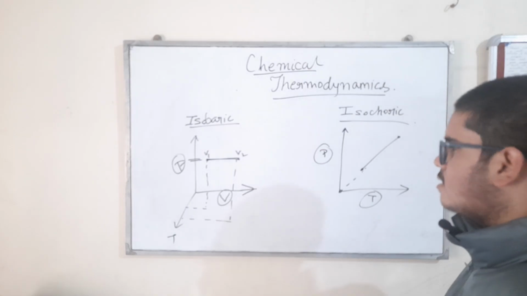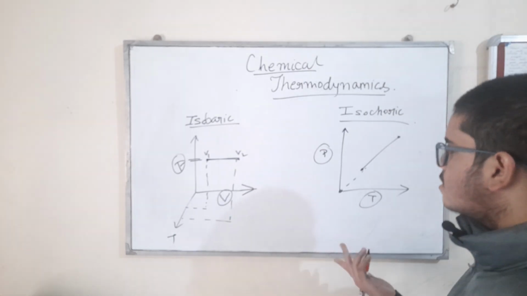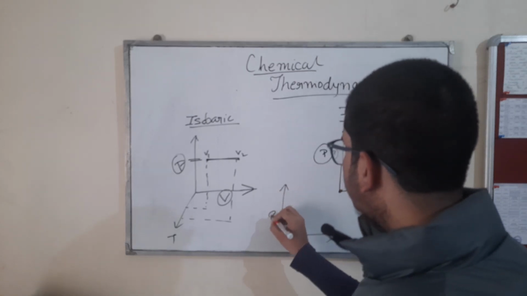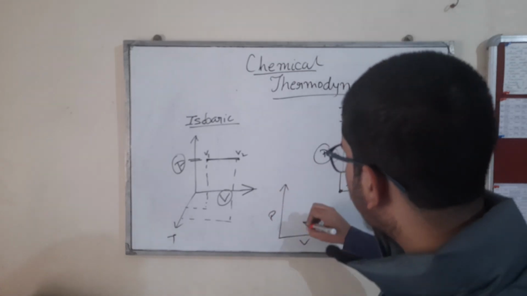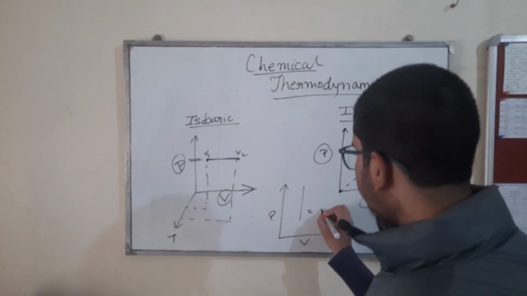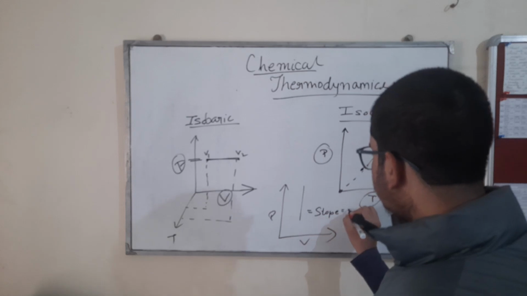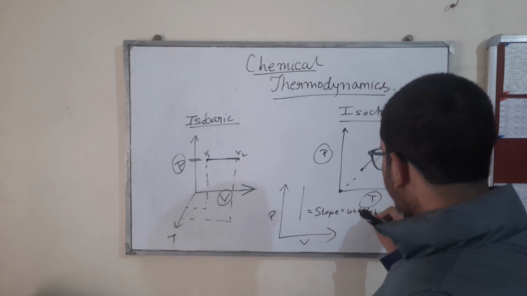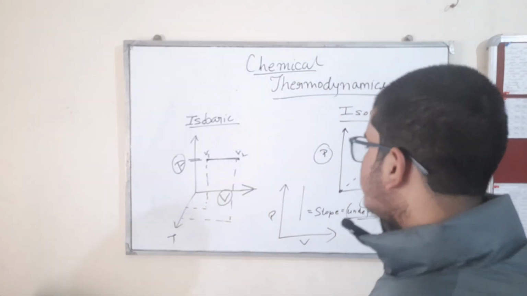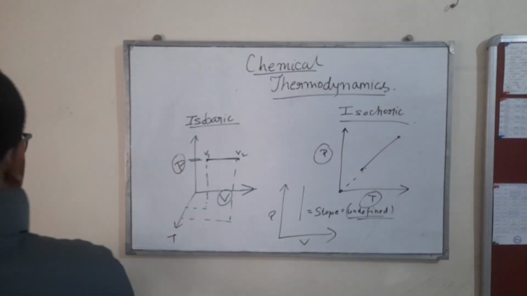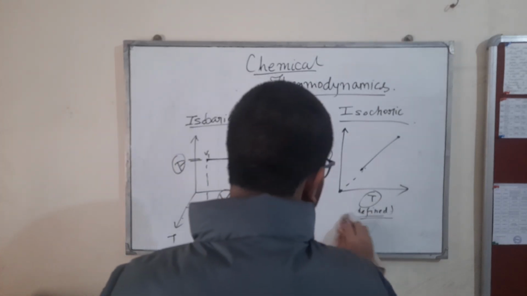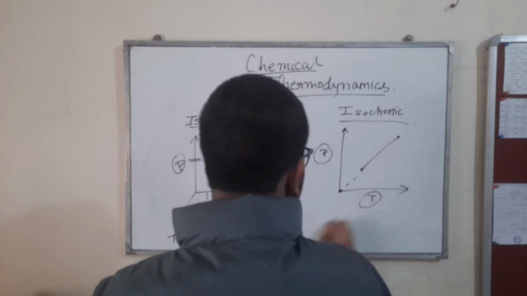You should take pressure and volume only. But when you take pressure and volume, like you have been doing till now, the curve comes like this. Now, if you take out the slope of this, the slope is undefined. So we want a curve which has a defined slope, not an undefined slope. That is why we don't tend to take this PV curve for this one. Okay? We are always trying to get to defined values.